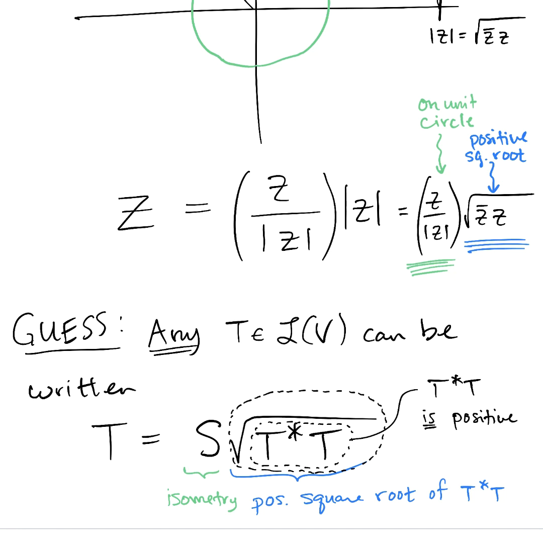So if this is true, this will be a great step forward for us because it'll show us that any operator, no matter how crazy, not normal, not isometry, not self-adjoint, not positive, just some random operator T, can be decomposed into an isometry times the positive square root of T star T. And that's called the polar decomposition theorem.